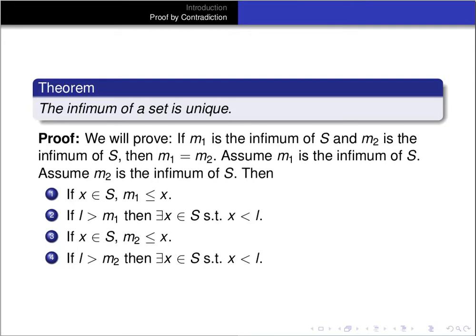So if L is larger than M1, there exists an x in S such that x is less than L. And 4 says that if L is larger than M2, there's an x in S that's smaller than L, so that x is less than L. So those four statements follow from our assumptions that M1 is an infimum of S and M2 is an infimum of S.